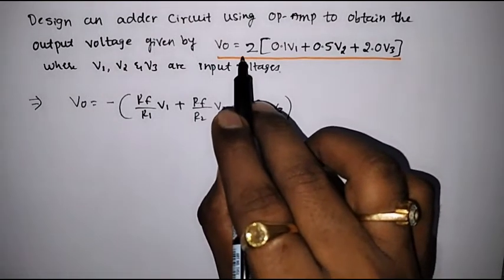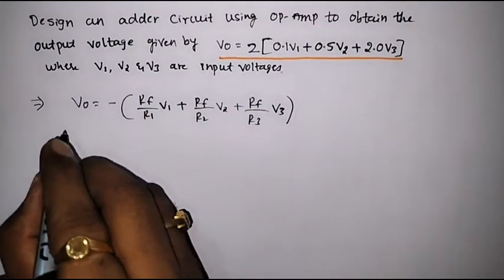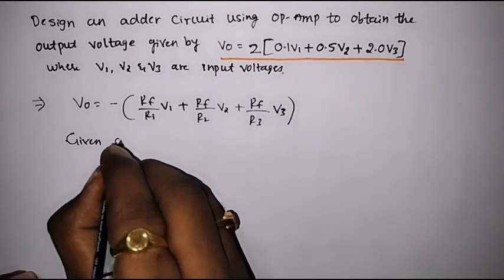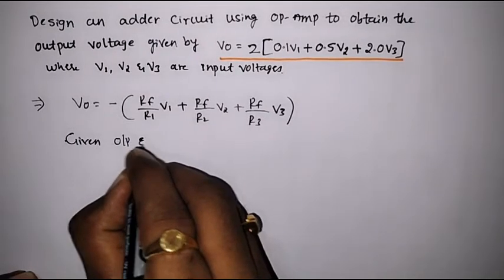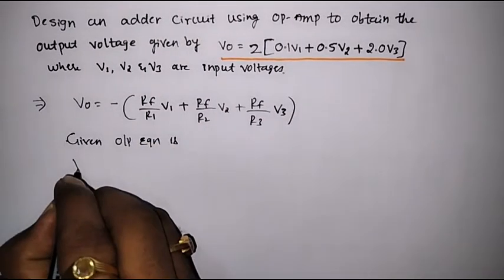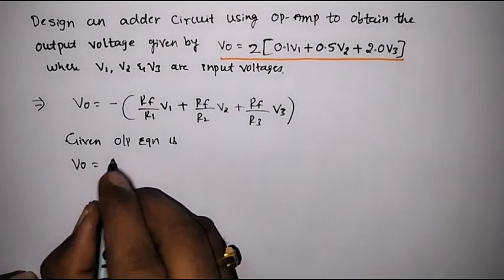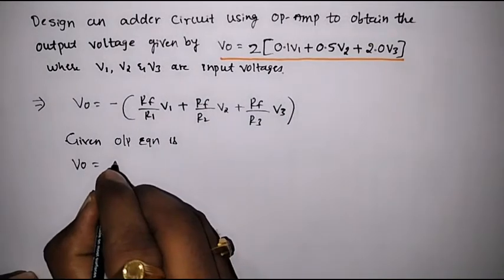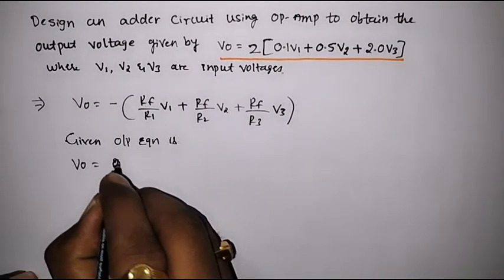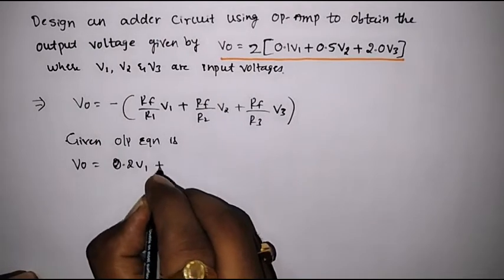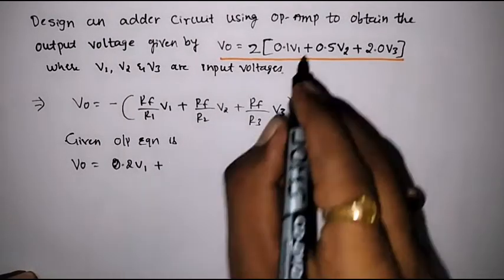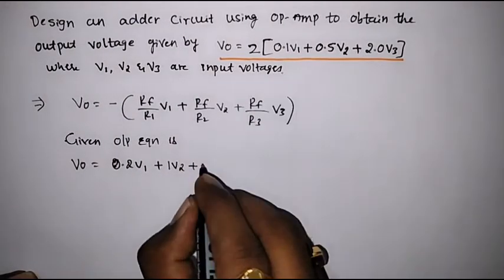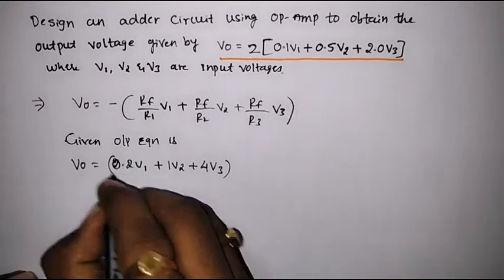I will rewrite this expression. The given output equation is VO is equal to, I will multiply this 2 with all input terms, that is 0.2 V1 plus 0.5 into 2 is 1 V2 plus 2 into 2 is 4 V3.